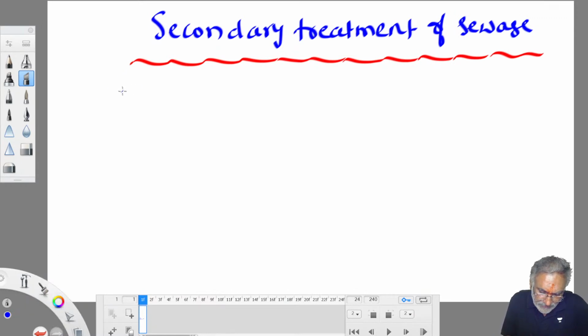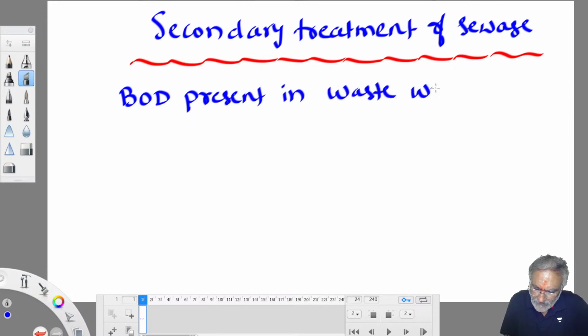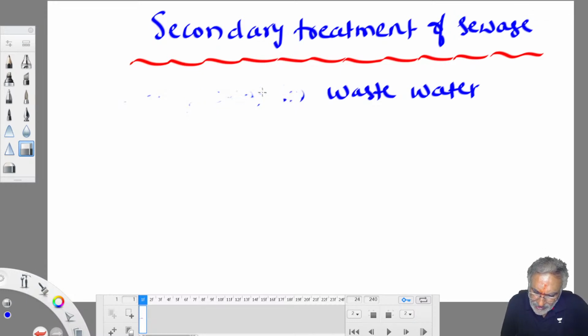So actually secondary treatment is aimed to remove soluble BOD present in water, that is biodegradable organic matter suspended in colloidal and dissolved form. That is removed by secondary treatment.